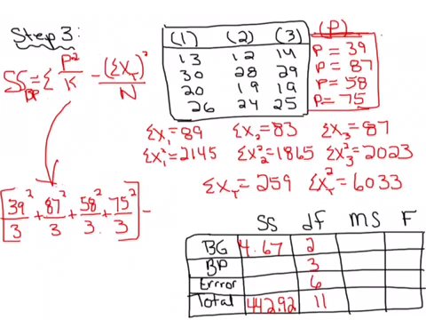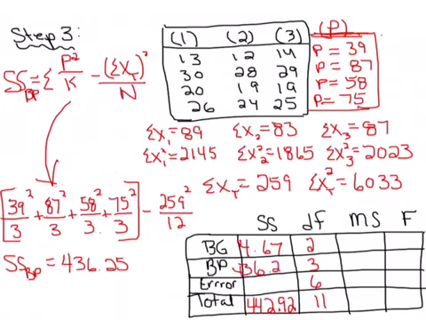And then it's minus, again, your 259, that's the total, squared, divided by 12. Okay? Once you get that totaled up, be really careful with your order of operations there. Your between persons should equal 436.25. So we're going to plug that in. 436.25. Okay?